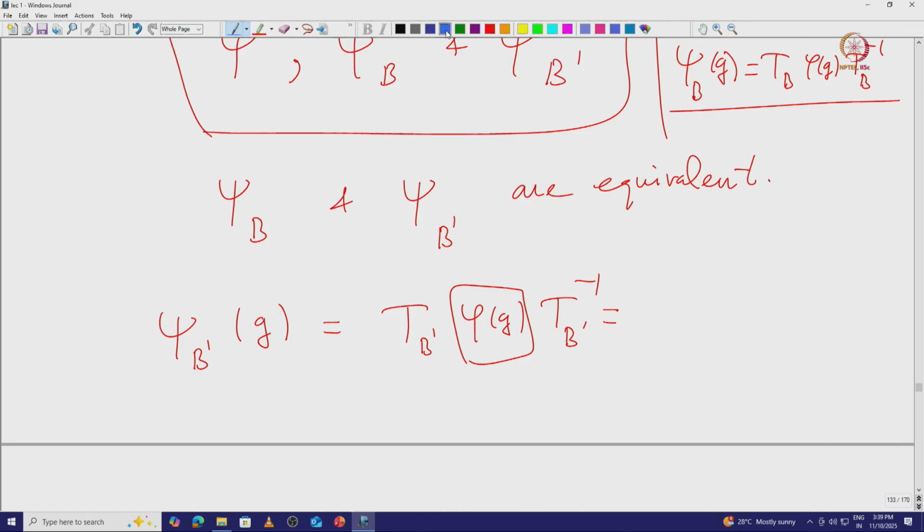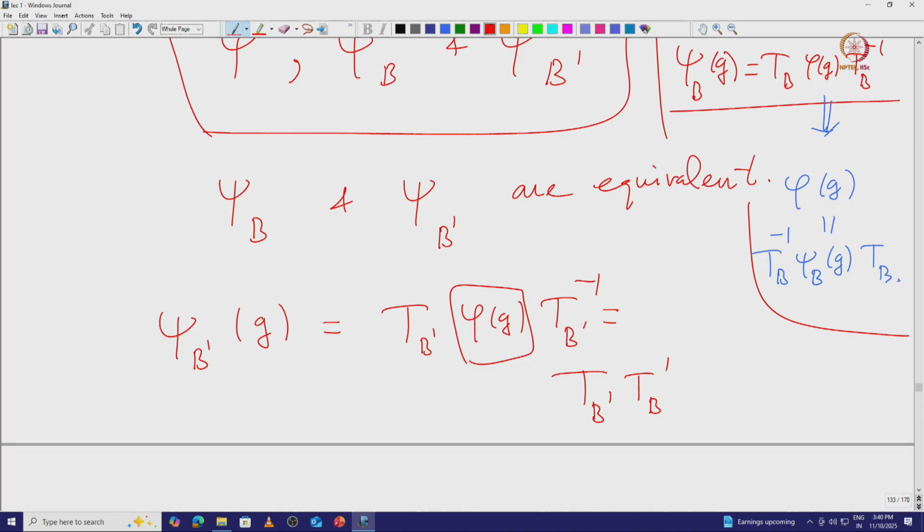Let us rewrite this. Phi g is exactly equal to T b inverse xi b g and then T b. Using this, if we rewrite, you can easily see that this is exactly T b dash T b inverse xi b g and then T b dash inverse.